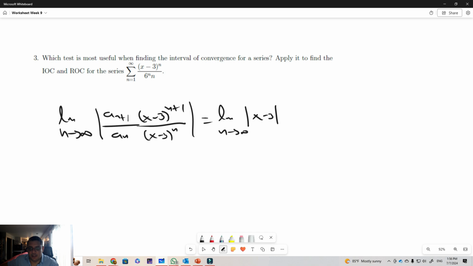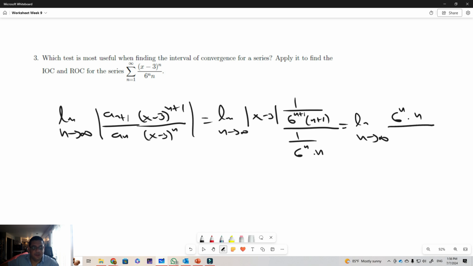And here on the top we're going to have 1 over 6 to the n plus 1 times n plus 1, and 1 over 6 to the n times n as well. We can rearrange this limit, and this is going to be 6 to the n on the top over n, and 6 to the n plus 1 at the bottom over n plus 1, everything times the absolute value of x minus 3.